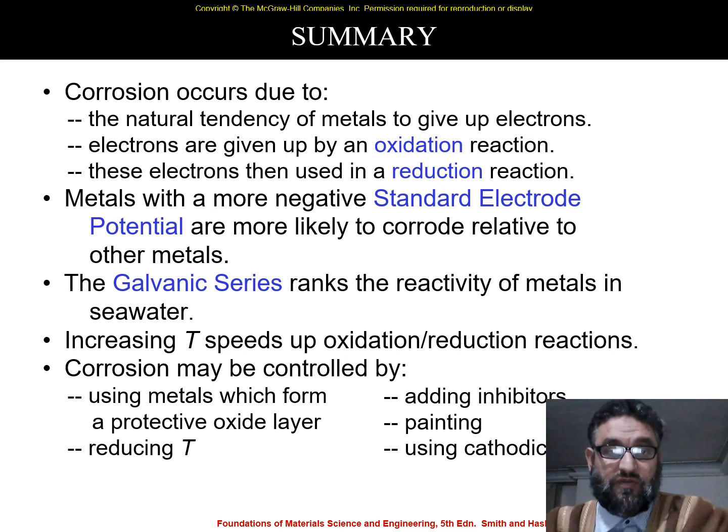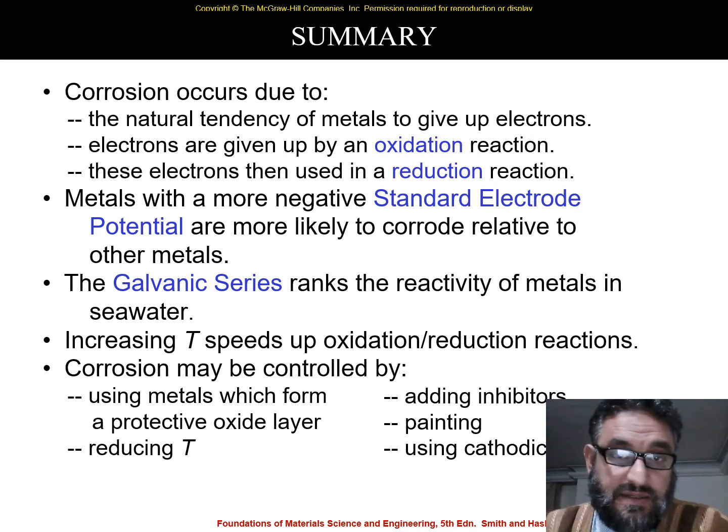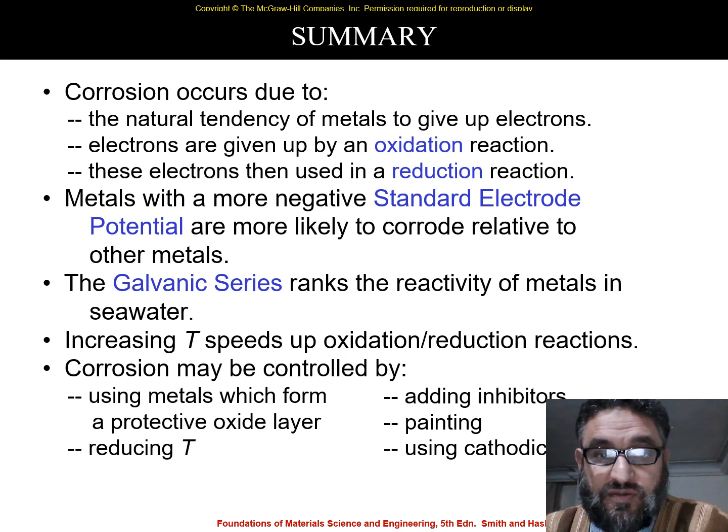So the summary of corrosion. Corrosion occurs due to the natural tendency of metals to give up electrons. Electrons are given up by the oxidation reaction. These electrons are then used in a reduction reaction on the other side.